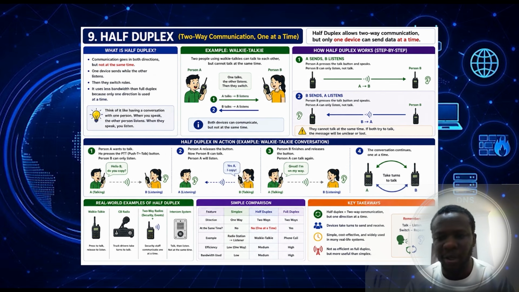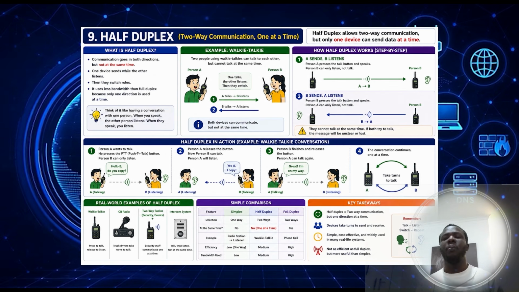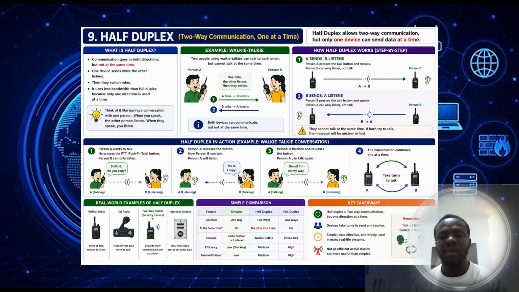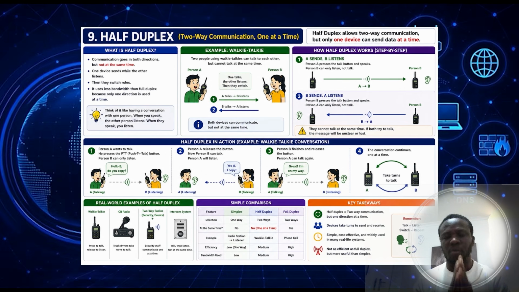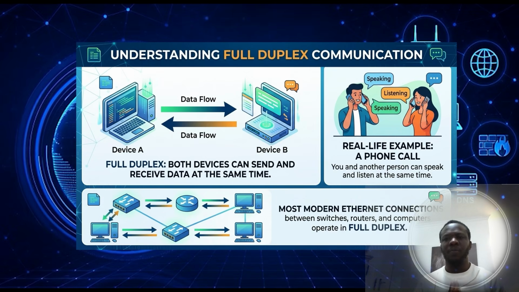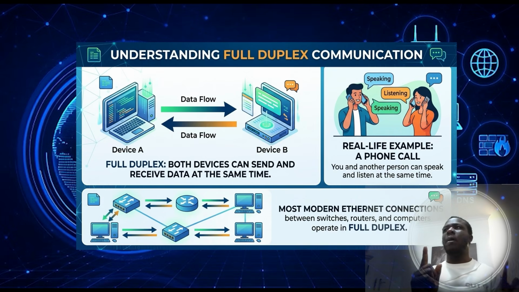That is number 9. So now let's go further to number 10, which is what we call full duplex. Full duplex is a data flow whereby both devices can communicate on a network at the same time. It's like you making a call to somebody using your cell phone.